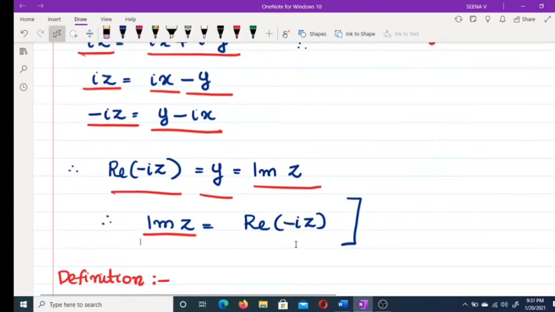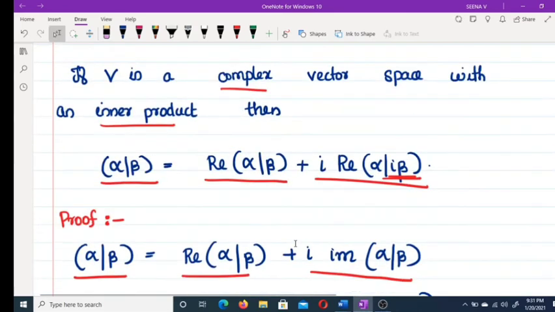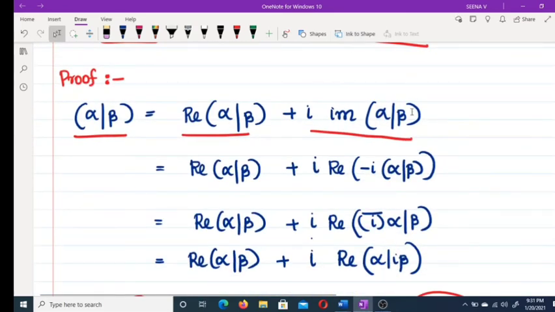So we are using this result here. Imaginary part of inner product of alpha and beta is equal to real part of minus i inner product of alpha and beta. Okay. So this is the same as real part of, minus i is the same as i conjugate, inner product of alpha and beta.